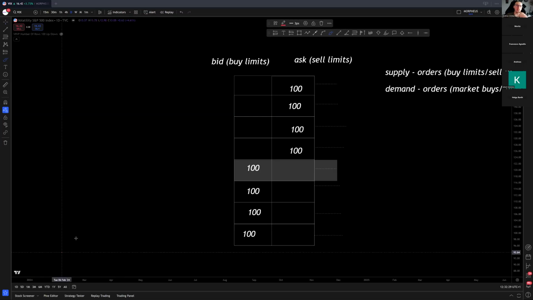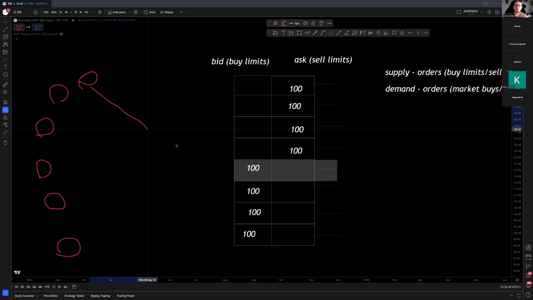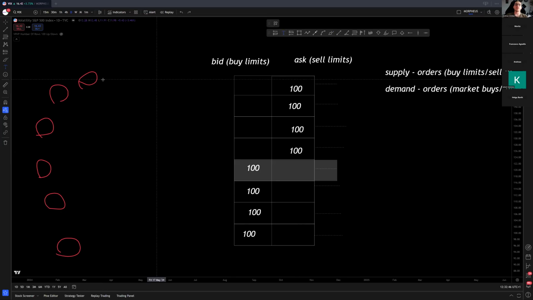But let's imagine them as little traders from their trading floor, ready to click the buy market or sell market button, okay? What they will do is, for example, this participant needs to sell now.